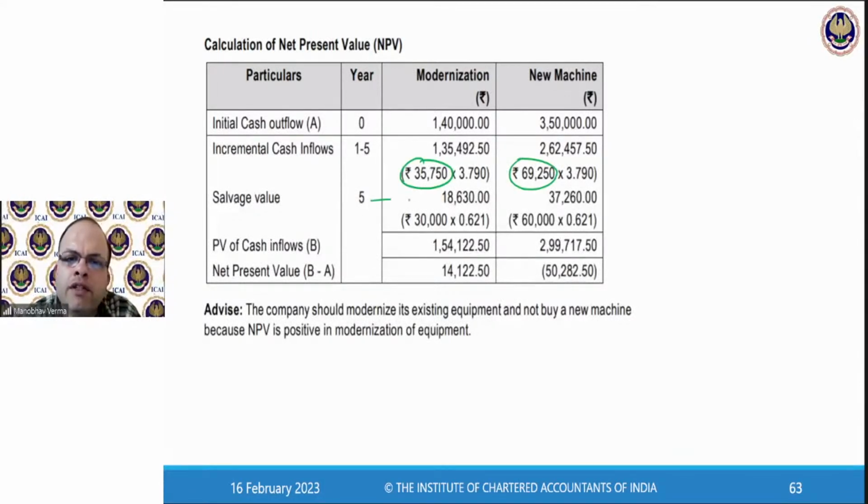We also add the salvage value present value, and we get a net present value which is negative for a new machine, but for modernization it's a positive one. That means we are looking to advise modernization for this company and not purchasing a new machine. I hope this one is also clear to all of you.